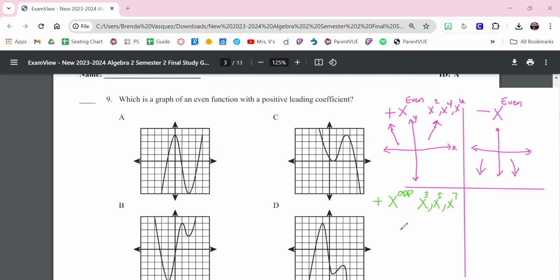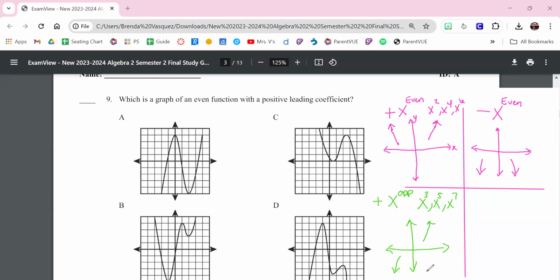If it has a positive leading coefficient, meaning it's positive 1, 2, 3, 4, 5, it does not matter what it is. As long as it's positive, it's going to have the following end behavior. It's going to come from the bottom on the left side, and on the right side of my graph, it's going to go up.